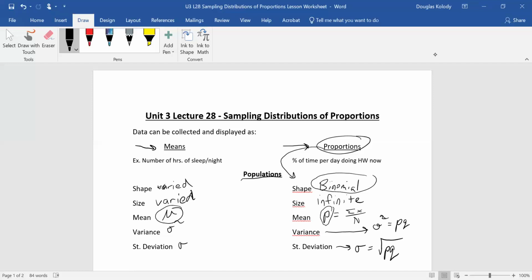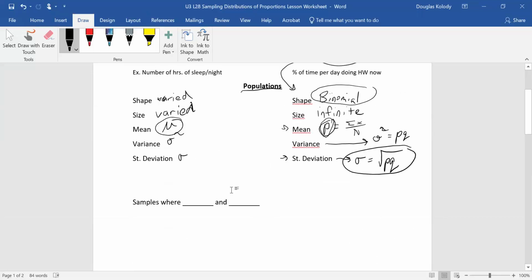Where's the n with the mean? Where's the n with the standard deviation? Well, keep in mind, proportions are fractions, and fractions get divided by n. And when they get divided by n, the n's will cancel themselves out. So these are the things that we need to focus on right here. The mean is now the letter P, and the standard deviation is root PQ.